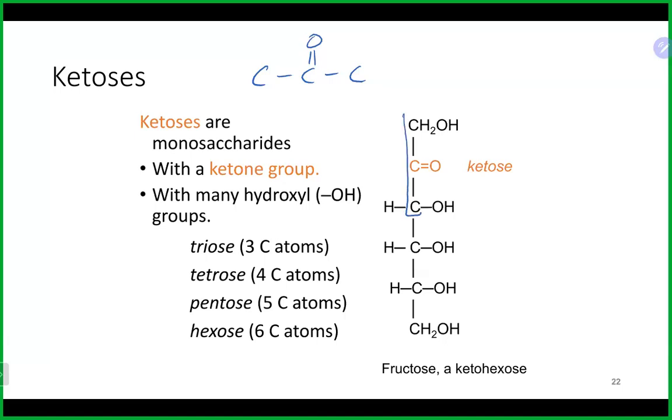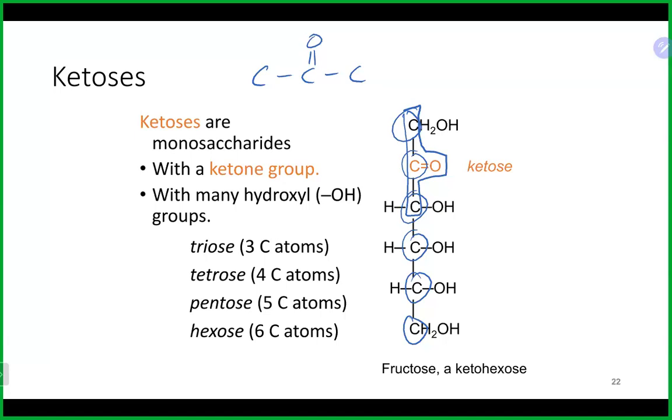We also could classify this based on how many carbons it has: 1, 2, 3, 4, 5, and 6. So this would be a hexose, like hexane, 6 carbons. Pentose, like pentane, 5 carbons. Tetrose is 4, like tetra. And again, tri for 3.